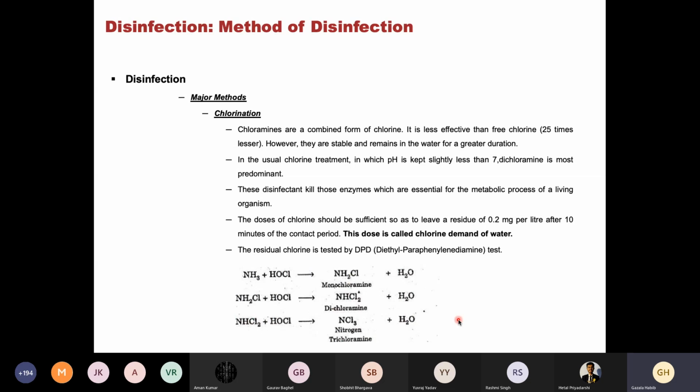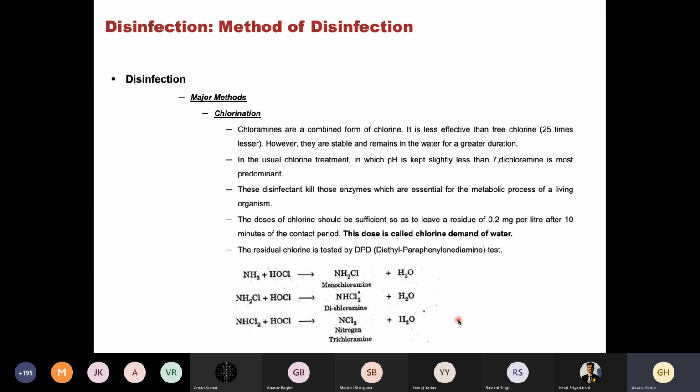The dose of chlorine should be sufficient so that it leaves at least 0.2 mg per liter of free chlorine, residual chlorine. Residual chlorine means free plus combined chlorine. Combined means chloramines, etc., and free means HOCl, OCl minus and so on. So it should leave at least 0.2 mg per liter of residual chlorine after 10 minutes of contact period.